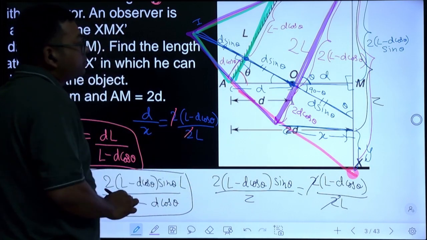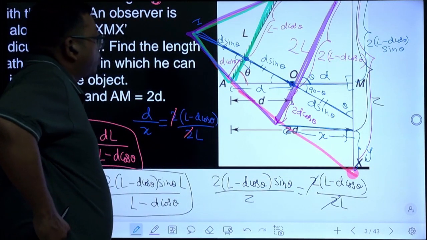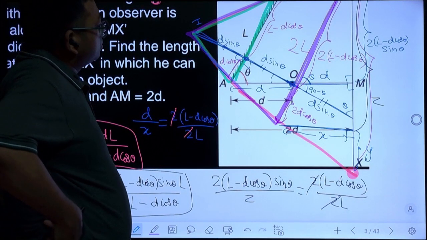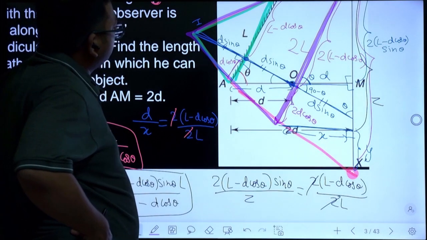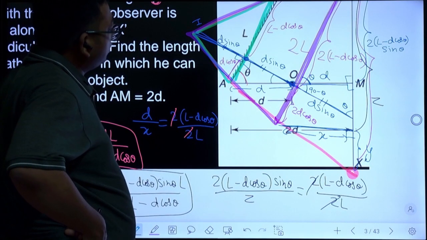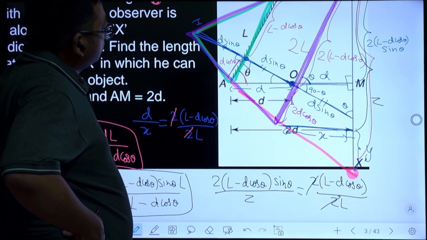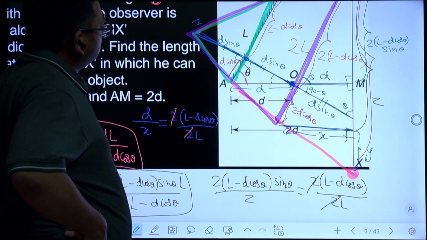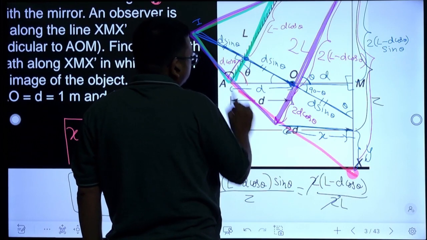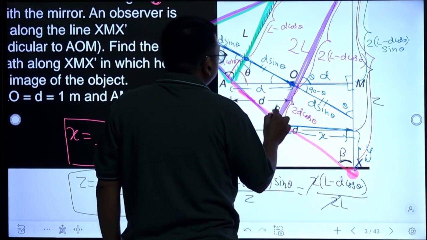We got length z. What will be y? How to calculate y? Any idea how to calculate y? What is this angle? These angles, I think, are parallel lines. If we can calculate this angle, let us call this as beta.